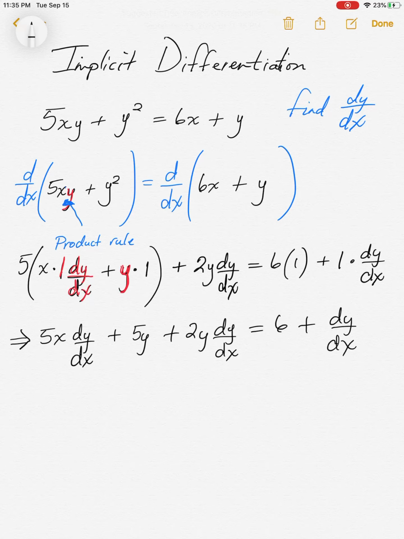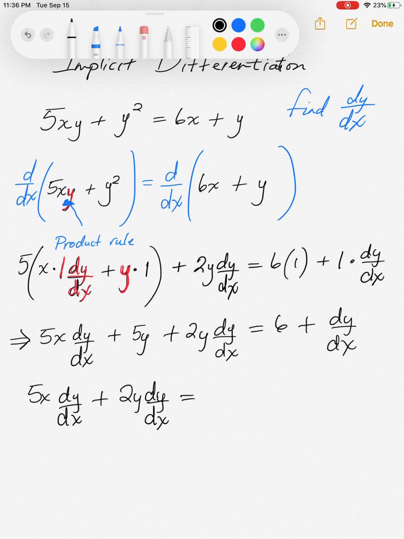Everything that has a dy dx, I'm going to get on one side of the equal sign, and everything else on the other. So we have a dy dx right here, so you're going to stay. And I have that positive 2y dy dx, so you'll stay, equals.